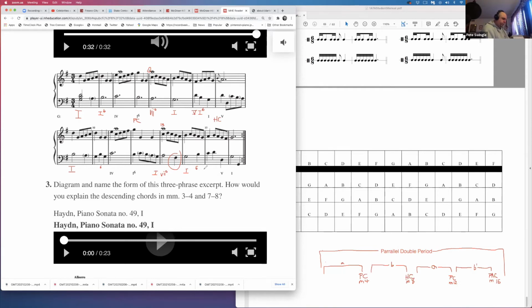How are we gonna do that? This needs a first inversion 6 right here, doesn't it?